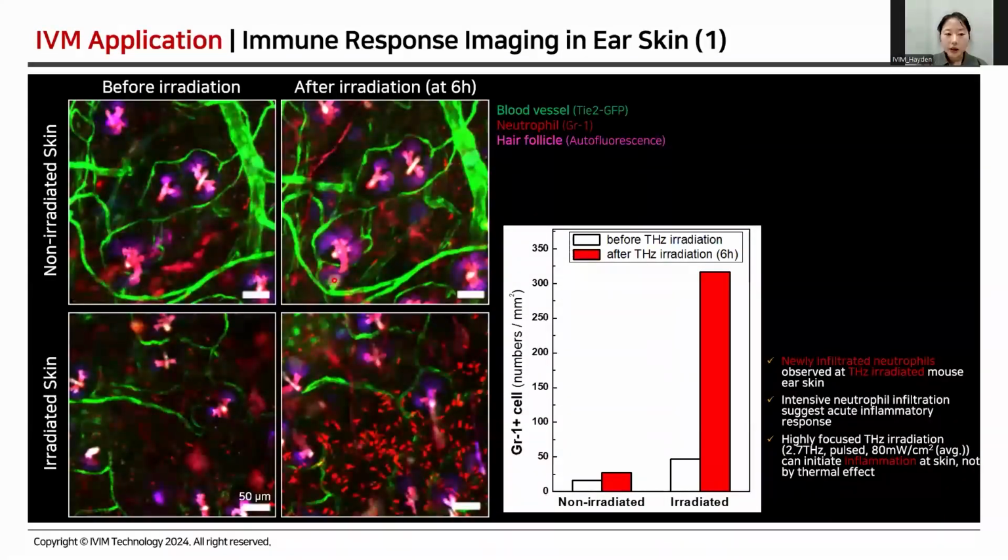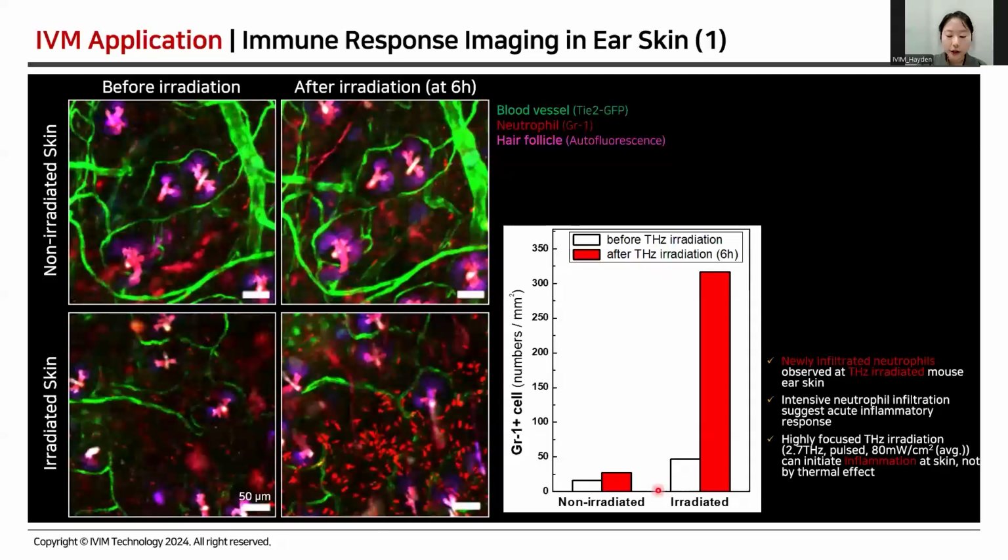The image in the upper panel represents the ear skin of the control group, which was not exposed to the radiation, while the image in the lower panel shows the test group after radiation exposure. Given that both images are at the same scale, we observed approximately 6 times more neutrophils gathering at the radiation-exposed site compared to the control group.